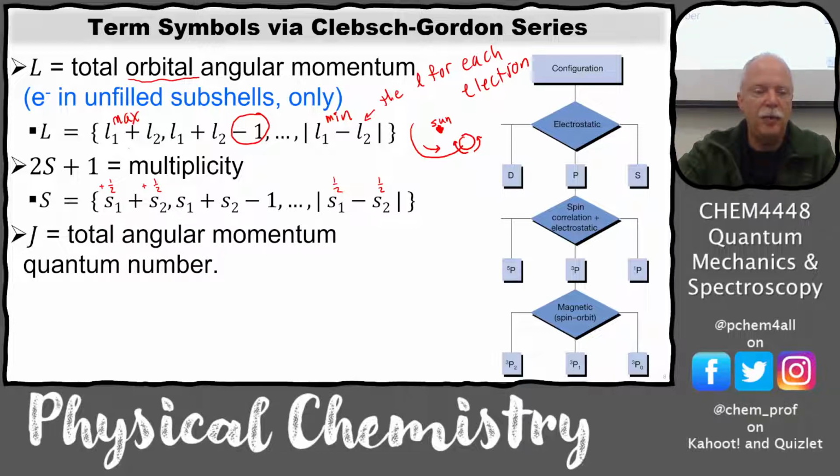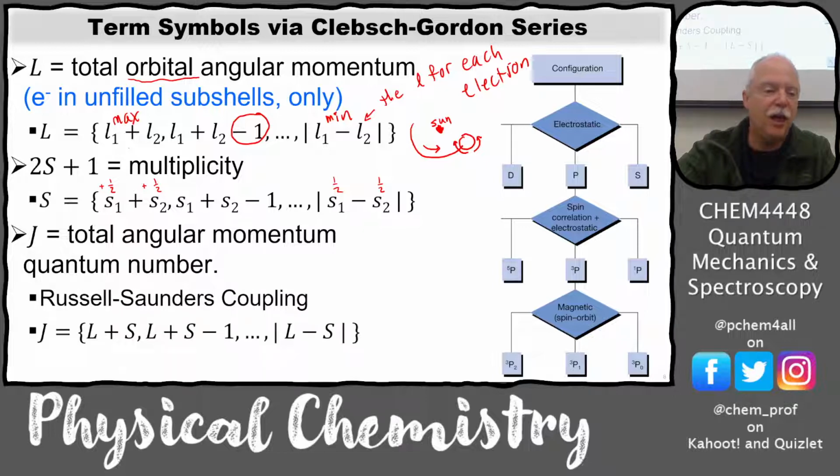And then the total angular momentum quantum number, that J value, is where you then add in the L plus the S. And so this is how the spin quantum number is interacting with the orbital quantum number. So we have the numbers from our set, L plus S down to L minus S. And you do this one for each L and for each S. So this is really a nested part of the problem.